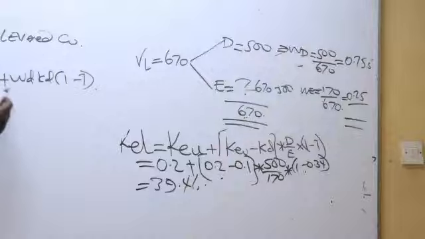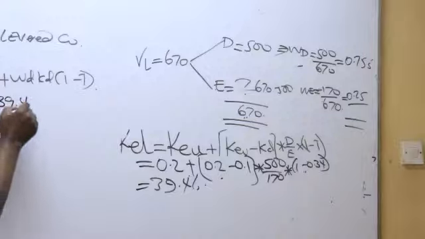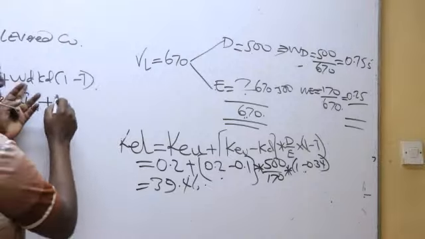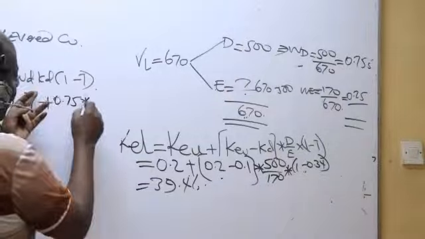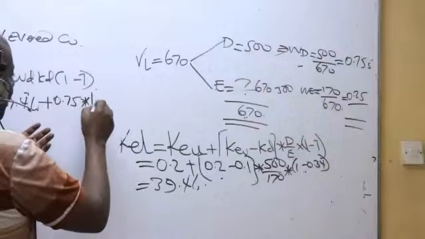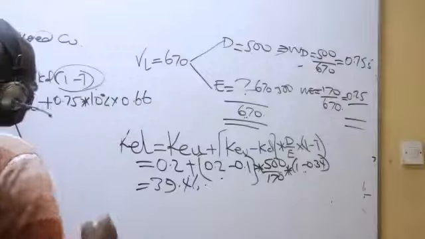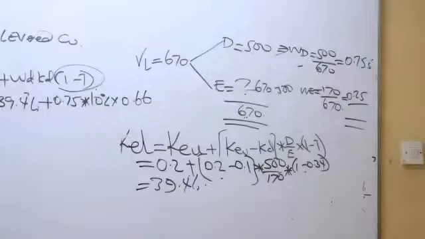This has to be KEL, and the KEL is the one that you gave me as 39.4%. And then we have the weight of debt. Weight of debt is 0.75. KD is what you gave me as 10%. Times 0.66, because 1 minus 34% is 0.66.